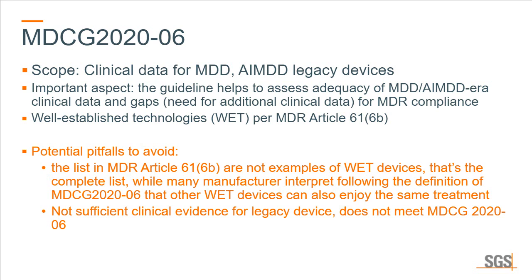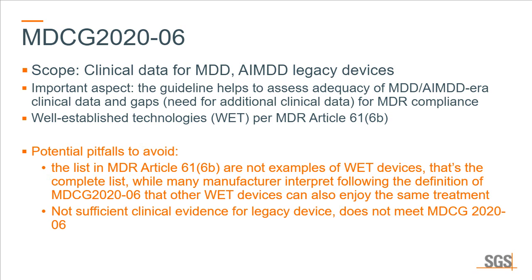It defines the range of well-established technologies per the MDR Article 61.6b, but this is a very tricky thing. Especially this last bullet is a very tricky thing because we have to recognize that the list in the MDR Article 61.6b is not examples of well-established technology devices. That's the complete list.